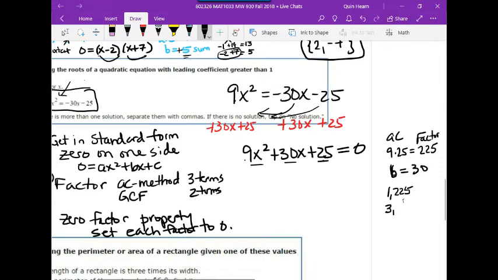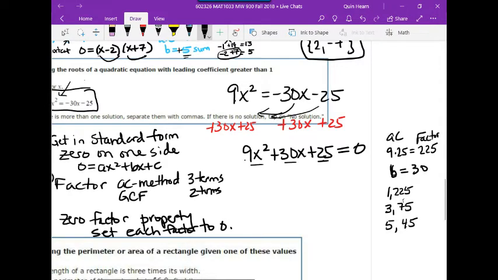Does 3 go into 225? Check on your calculator if you're not sure, but yeah, it does. It goes in 75 times, but that adds up to 78, so that's not going to work. No even numbers are going to work if 2 doesn't go in, so we can jump to 5 now. Does 5 go into 225? Yes, it goes in 45 times. That adds up to 50.